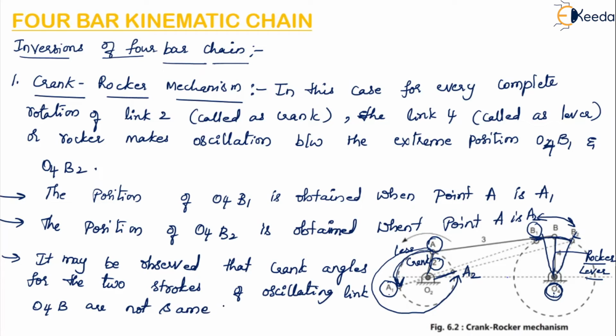And we may also note that the length of the crank is very short. The rocker is a bit larger than the crank. So the length of the crank is very short. This is about the crank and lever mechanism.